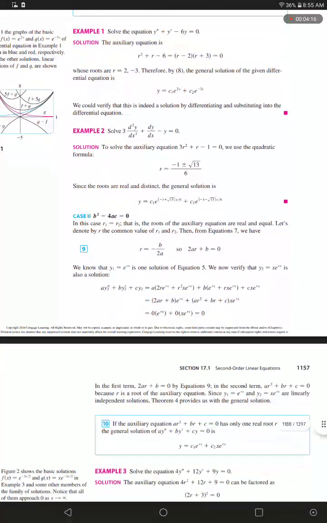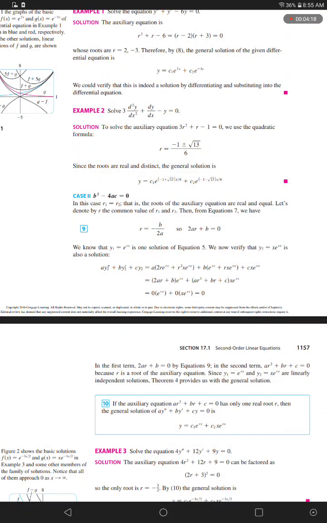Case 2. b squared minus 4ac equals 0. In this case, r sub 1 and r sub 2, that is, the roots of the auxiliary equation, are real and equal.